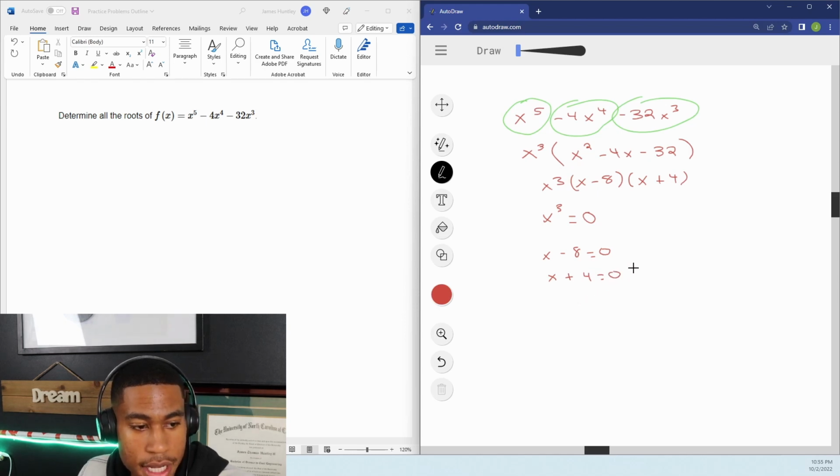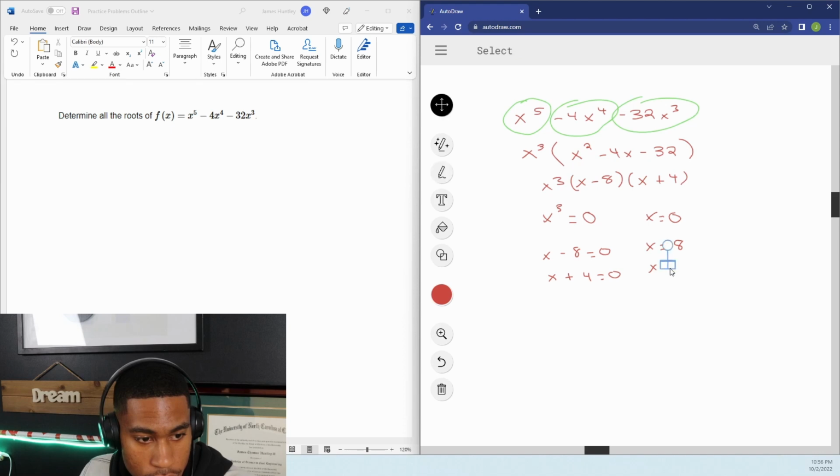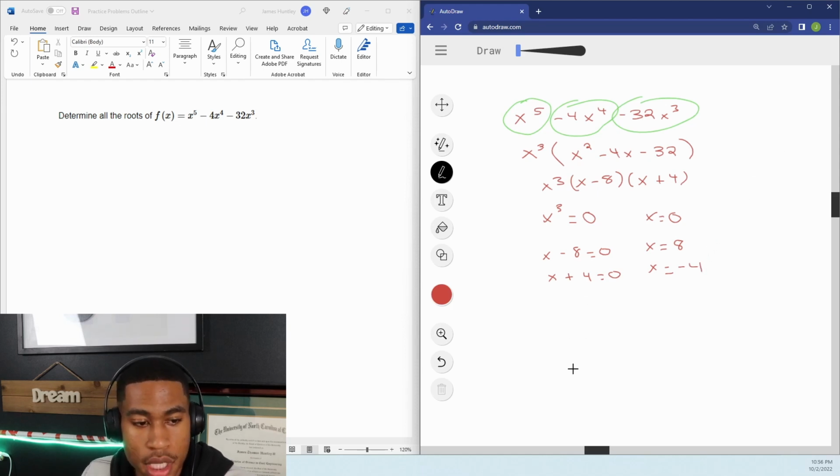All right, so now I know that for this one, x is equal to 0. So that's one root. Another root, x is equal to 8. And then another root is x is equal to -4. Perfect.